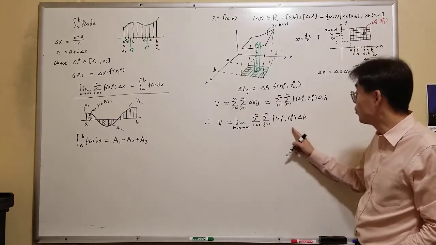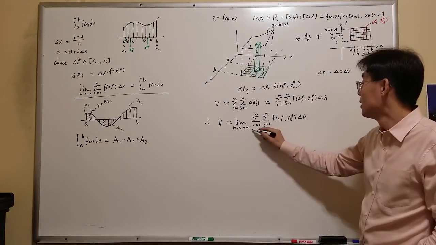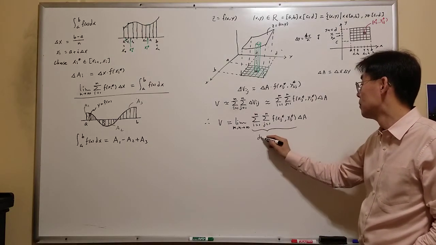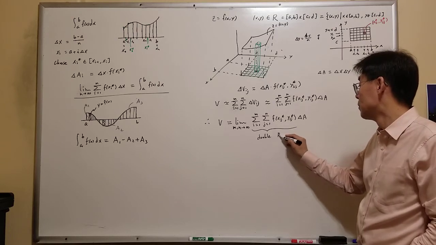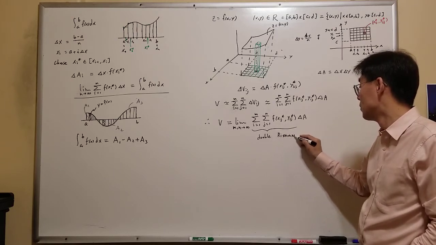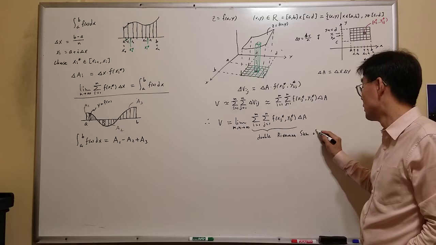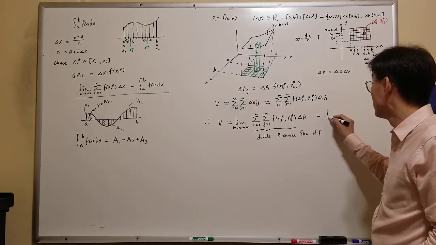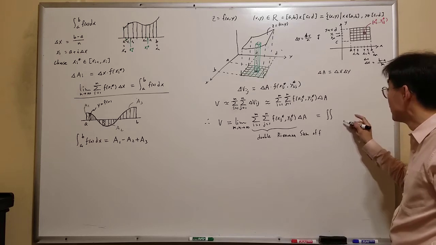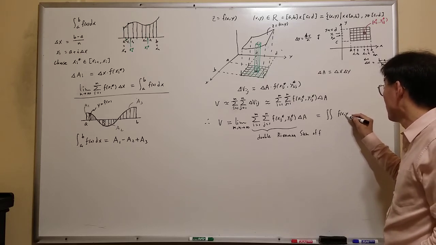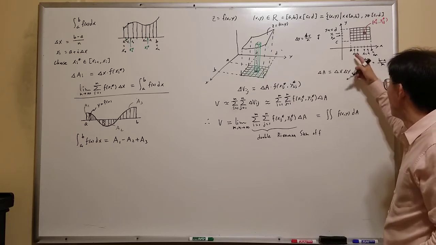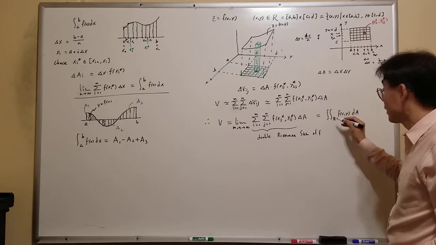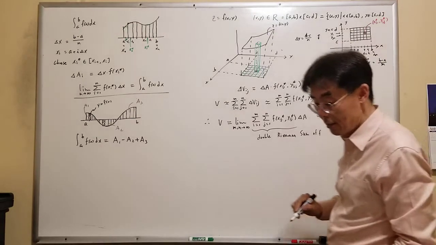The limit of the double Riemann sum. We call it the double Riemann sum of f. This is what we call the double integral of the function f of xy on that rectangular region R. Okay?